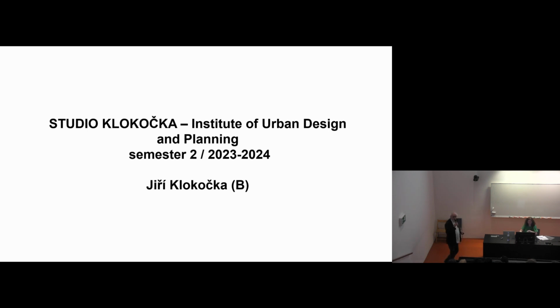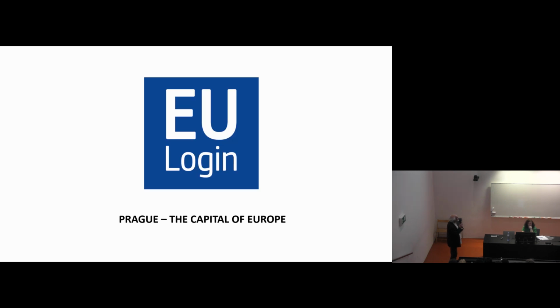Good afternoon. My name is Jiří Klokočka, and I have a studio of urban planning and design. I have maybe a strange assignment. Imagine that the European Union grew larger and larger in the direction of east. Then it's maybe not such a strange hypothesis that Prague is becoming the capital of Europe.